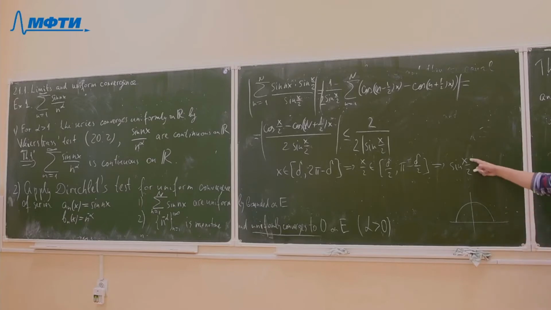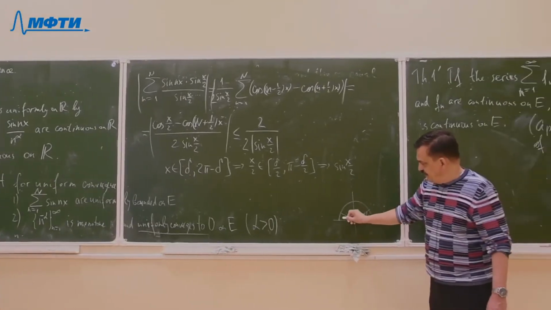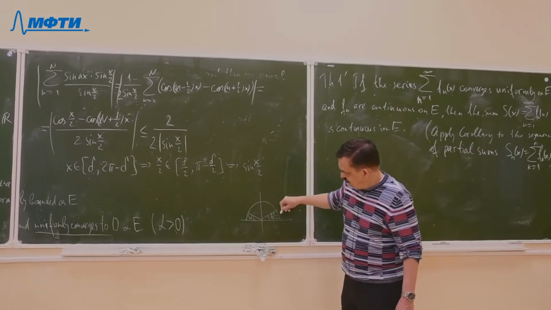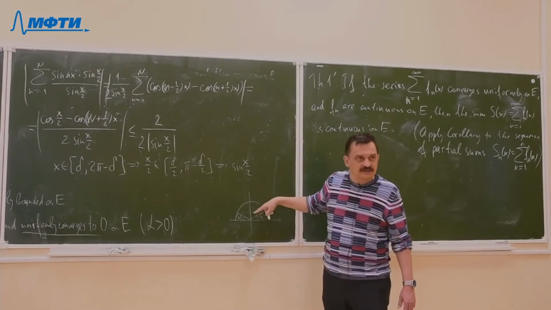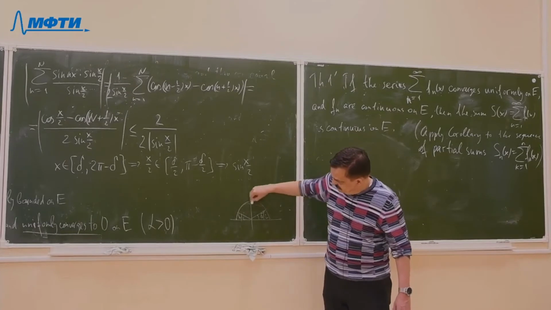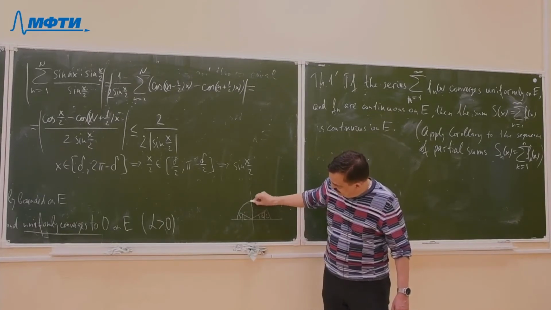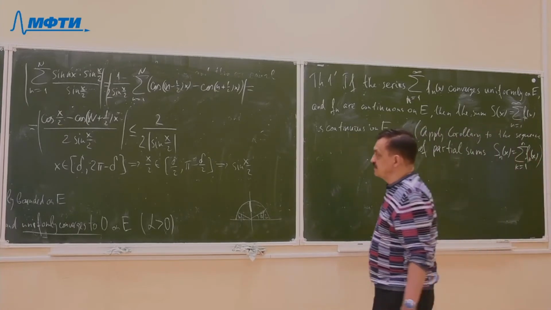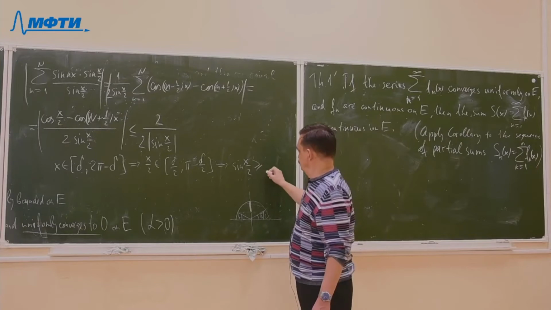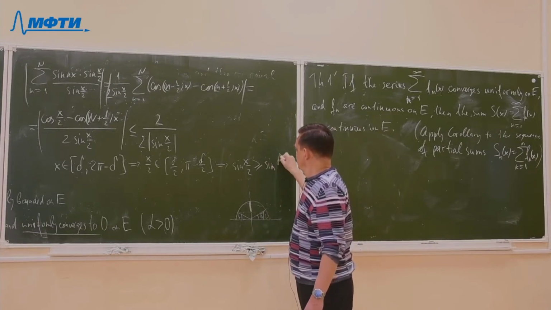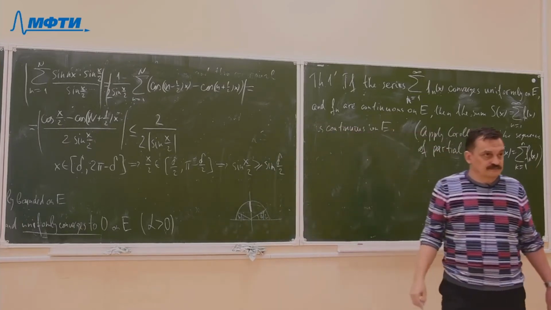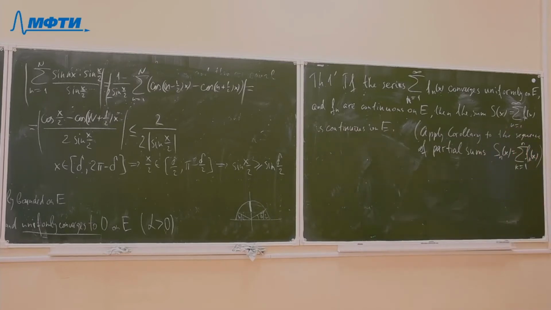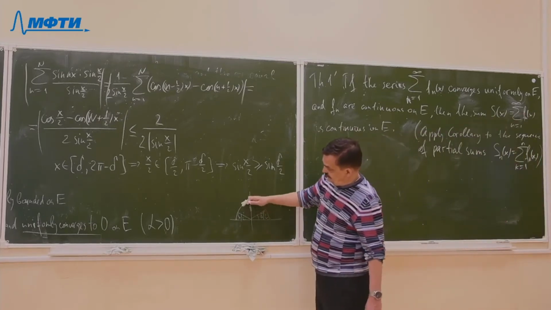So x over 2 is an angle from delta over 2 up to pi minus delta over 2. Sine is the ordinate of this angle, so sine x over 2 is for sure greater than or equal to sine delta over 2. That is the minimum value of the ordinate.